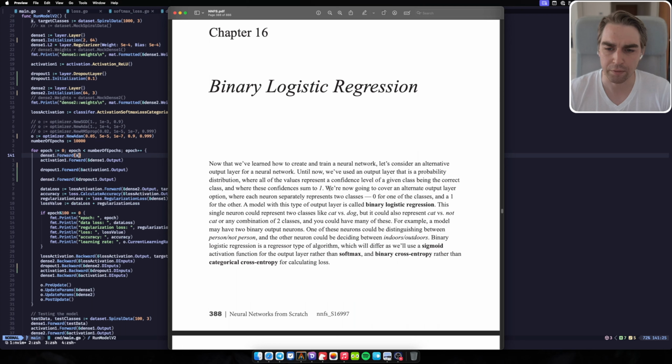We're now going to cover an alternative output layer option where each neuron separately represents 2 classes, 0 for one of the classes and 1 for the other. The model with this type of output layer is called binary logistic regression.